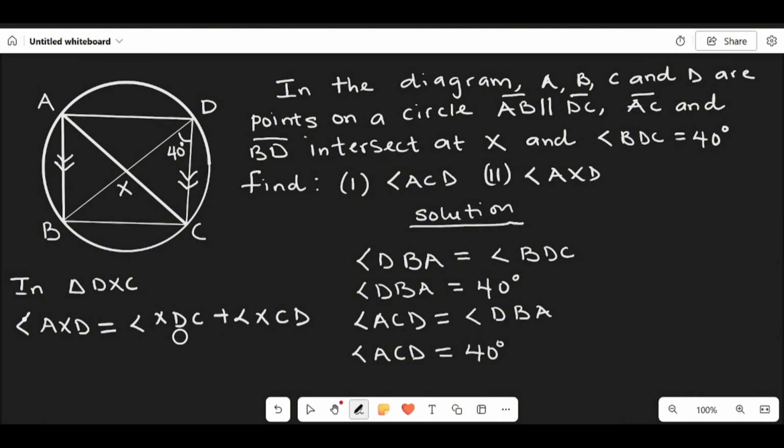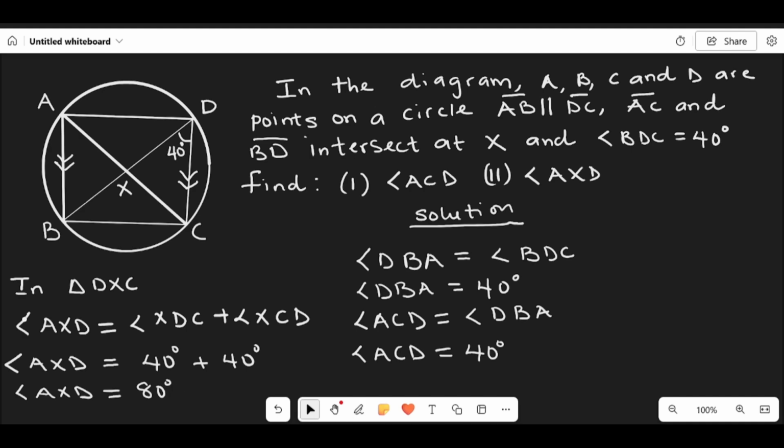So let us substitute them into this equation. Angle AXD equals 40 degrees plus 40 degrees. So angle AXD equals 80 degrees, because if we add 40 degrees plus 40 degrees, it will give us 80 degrees.